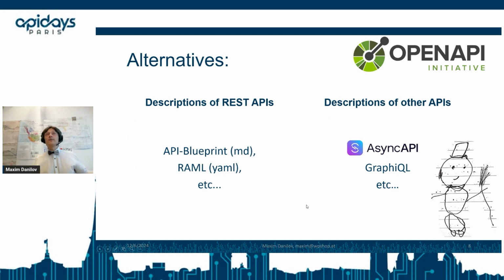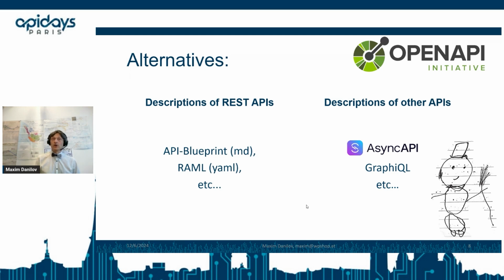Of course, we also have alternatives for documenting my APIs. For example, you can find another standard, API Blueprint. It's not written in YAML, it's written in Markdown, and I like it a little bit more because it's more usual for me, but API Blueprint is a somewhat outdated standard.